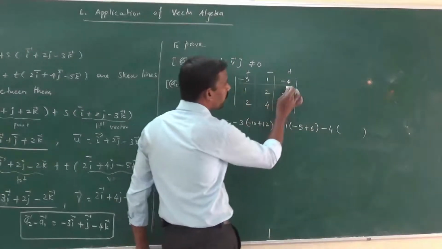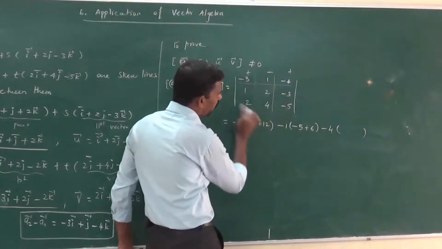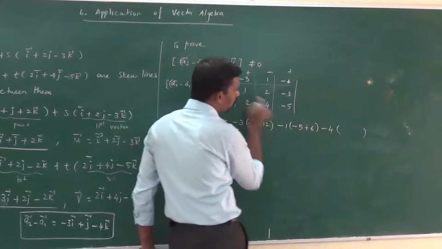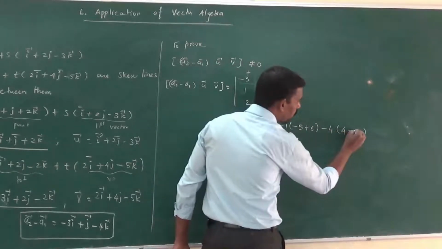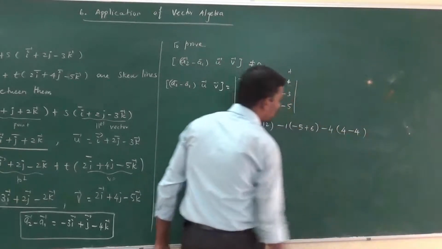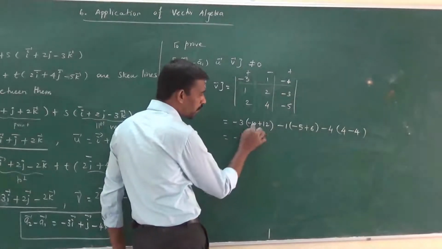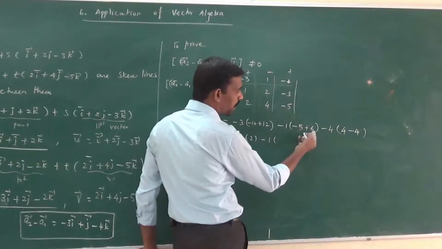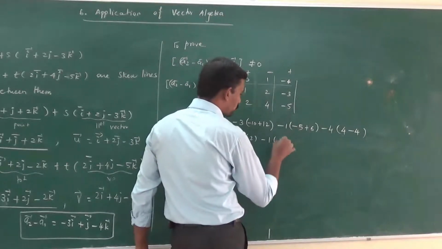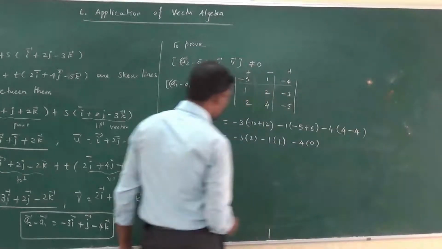Now find the minor of minus 4: omit the respective row and column. We get 1 into 4 minus 2 into 2, which is 4 minus 4, that is 0.